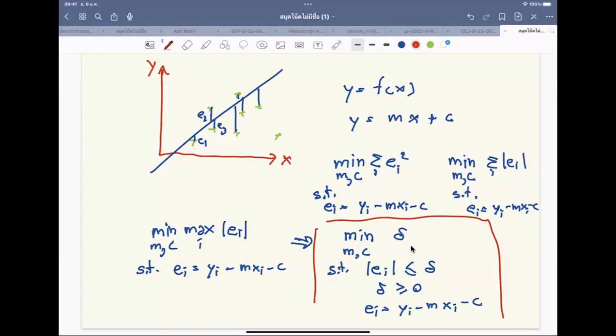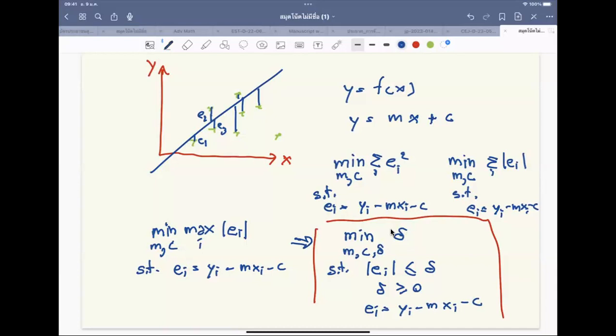Oh, I should include delta as a decision variable also. We create a new variable delta. What is delta?